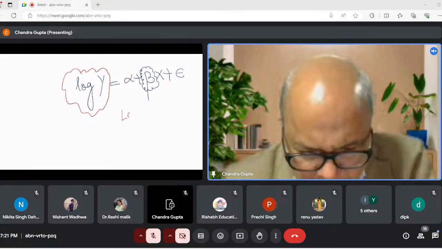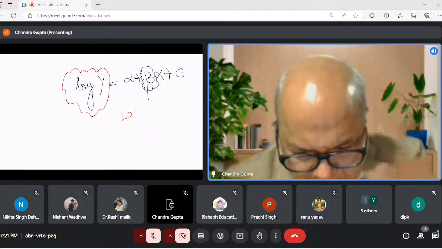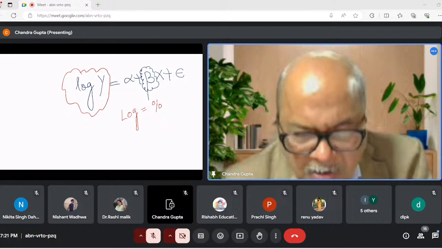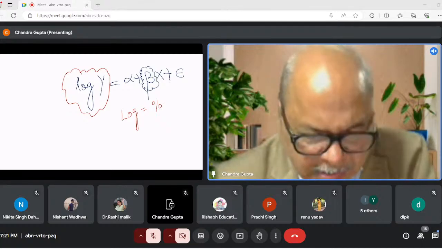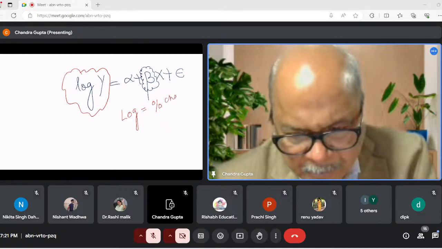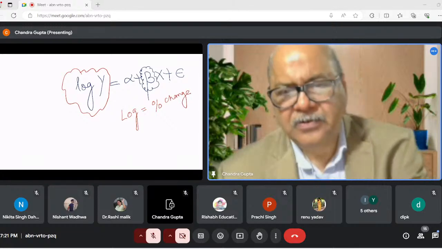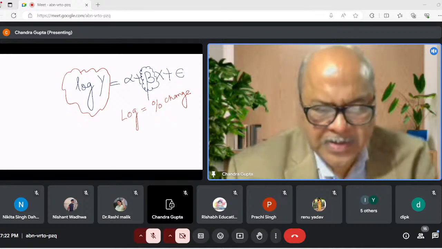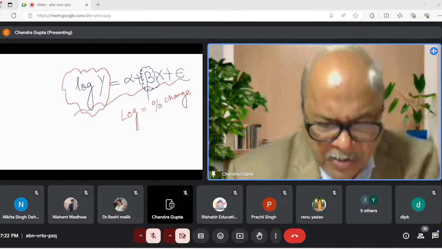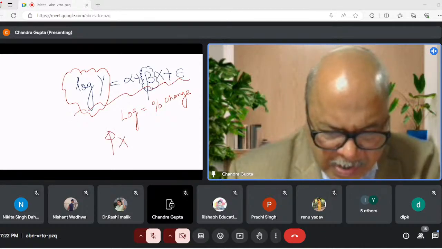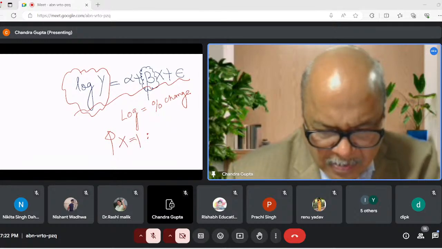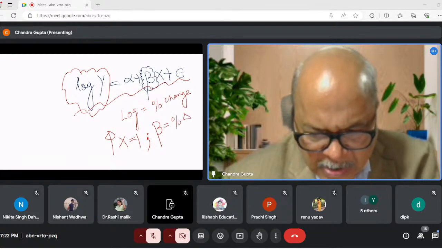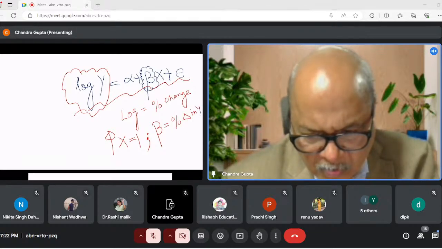Whenever you take log, this is interpreted as percentage change. So in this case, what does it mean? If x is increasing by 1 unit, beta will be the percentage change in y.